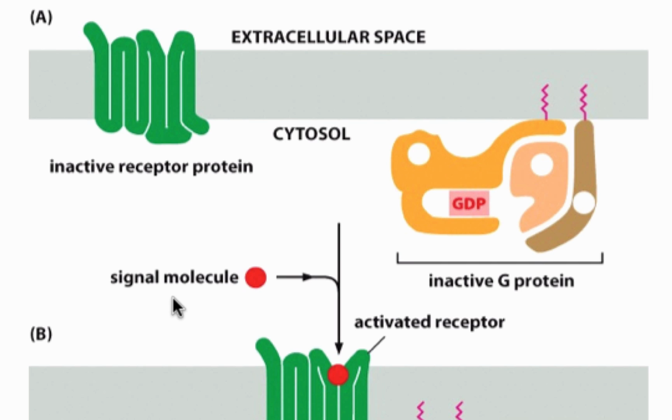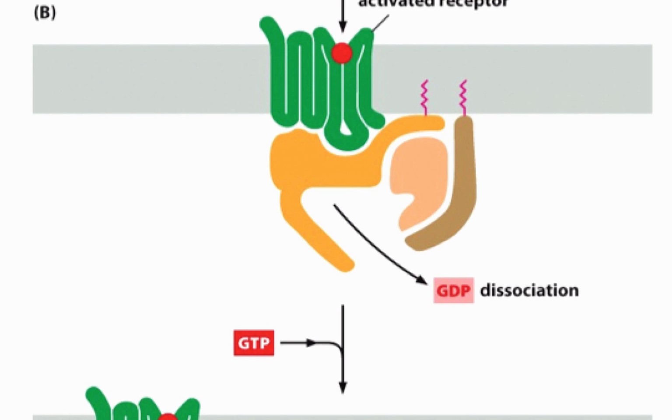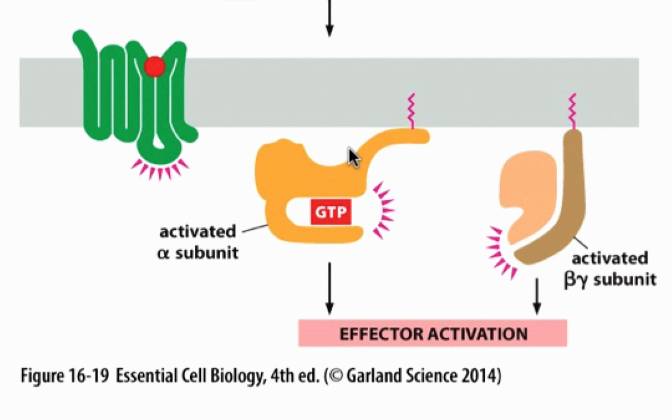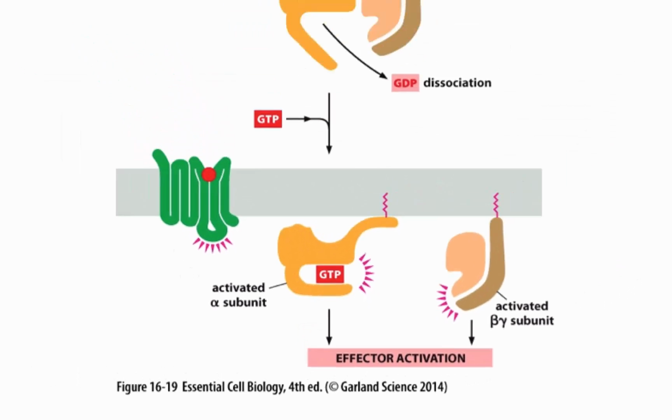When the signal molecule binds to them, what you're going to have is the exchange of GDP for GTP, which now activates the subunits. The alpha subunit can work alone now, or it can work in conjunction with the activated beta-gamma subunit. And they're going to work to determine an effector activation. Now, this is going to be the next step in the process.